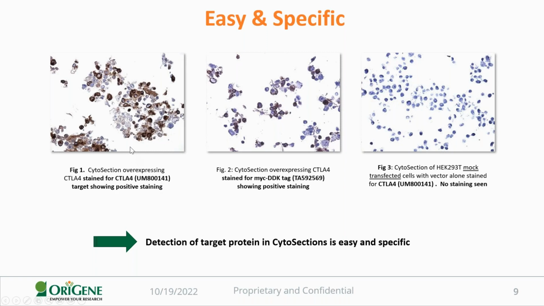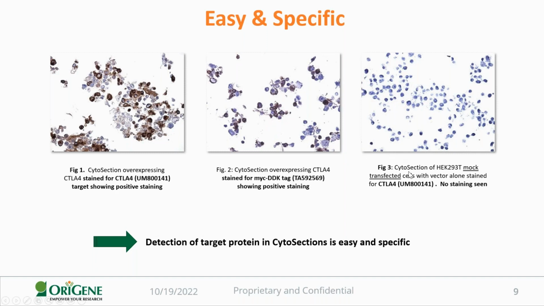The first figure shows a cytosection that's specifically stained for CTLA4, and this brown color indicates a positive stain. The same cytosection has been stained for CTLA4, but this time we used the tag antibody, and again it shows a very clear positive stain.